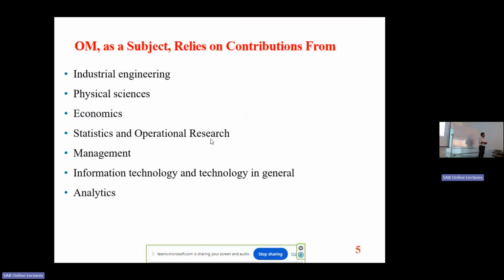So we will have different topics, different areas in our subject that come from different areas. I hope that is clear. During the last few decades, especially technology and then IT and statistics and analytics have contributed to this subject a lot.